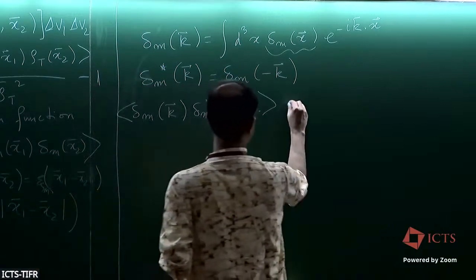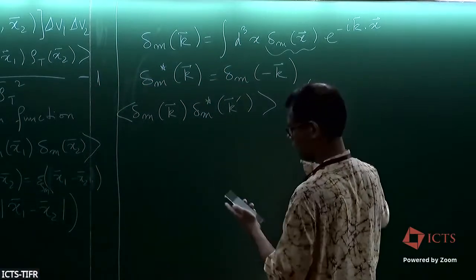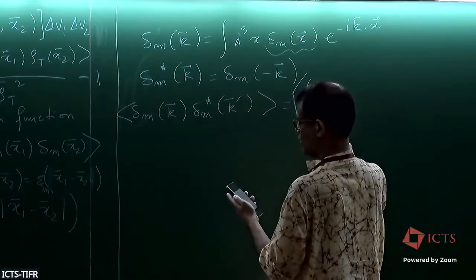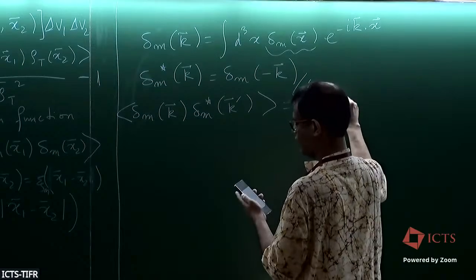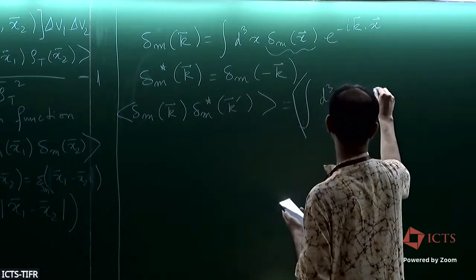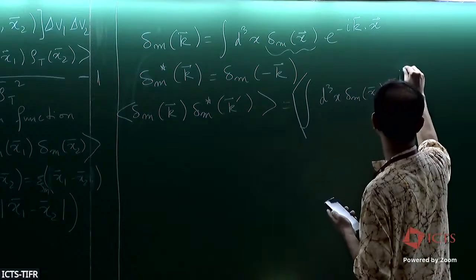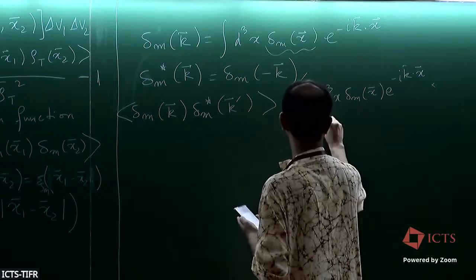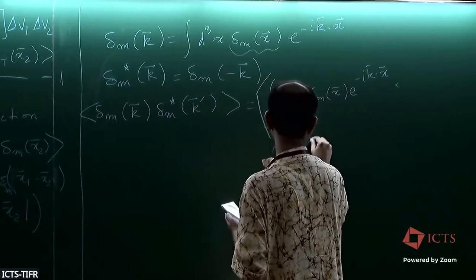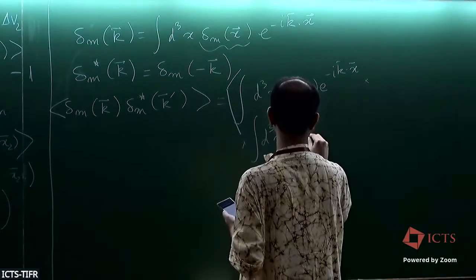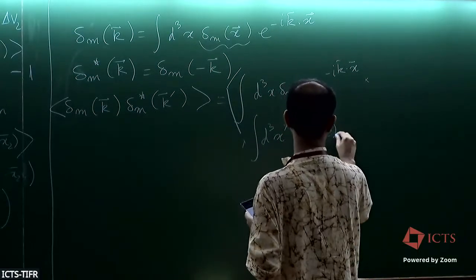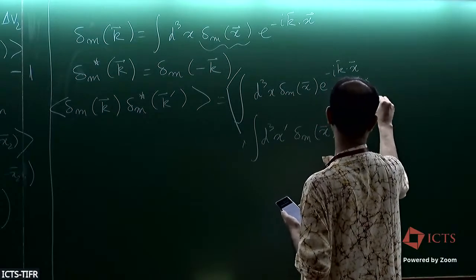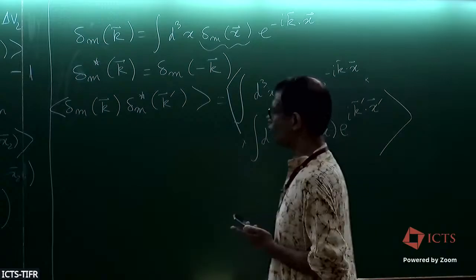So this will be the ensemble average of d cube x delta m of x e to the minus i k dot x, times, now I cannot use the same dummy variable again, so x prime, e to the i k prime dot x prime. And then I close the ensemble average.